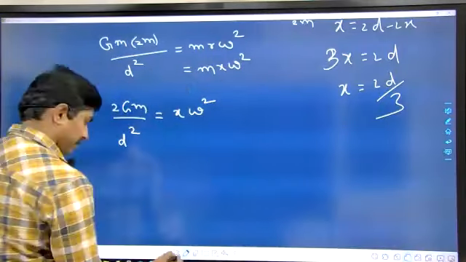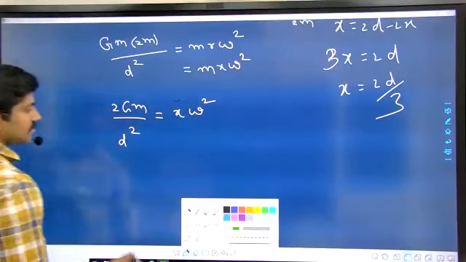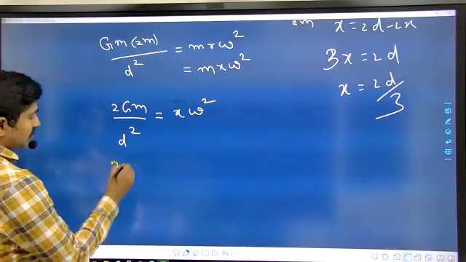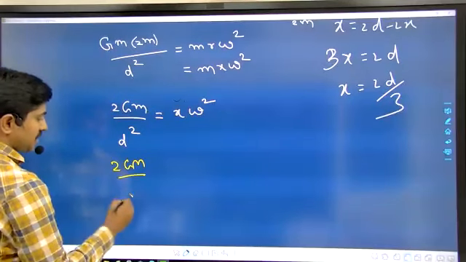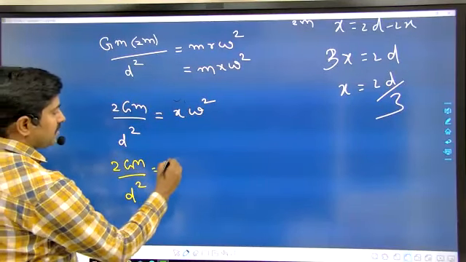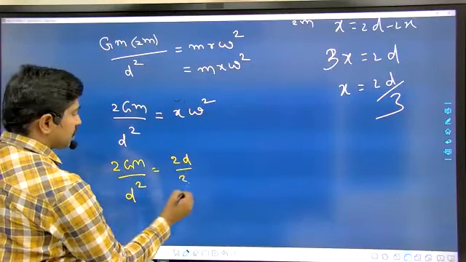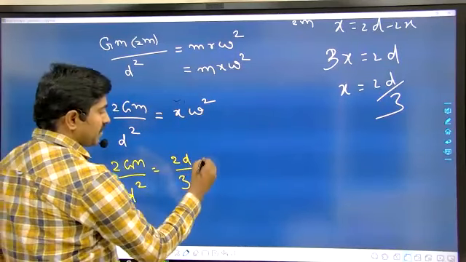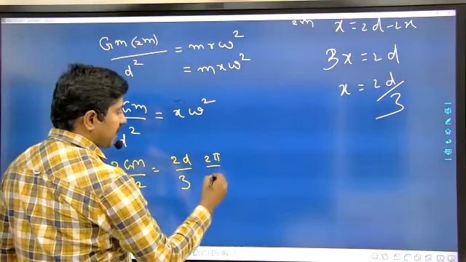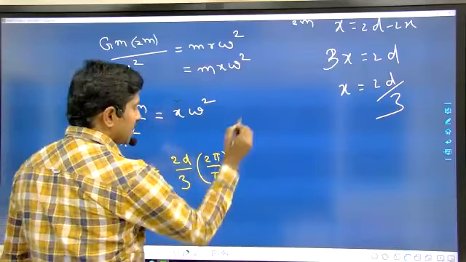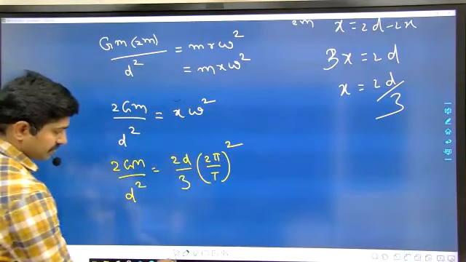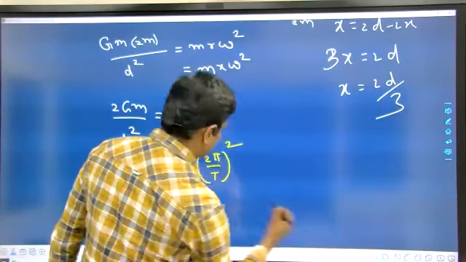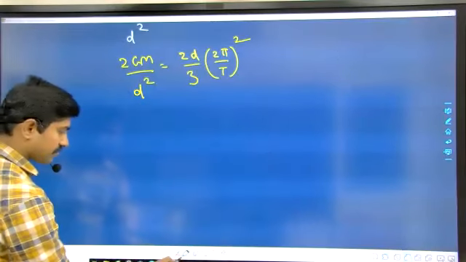Now, 2 G m by d square is equal to x, which we write as 2d by 3, into omega square, where omega means 2 pi by T, whole square. T only you have to find out. Can anybody give the answer for this?